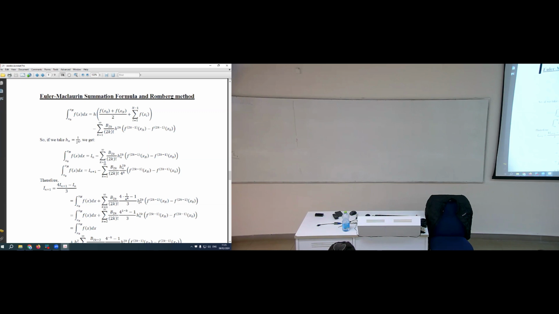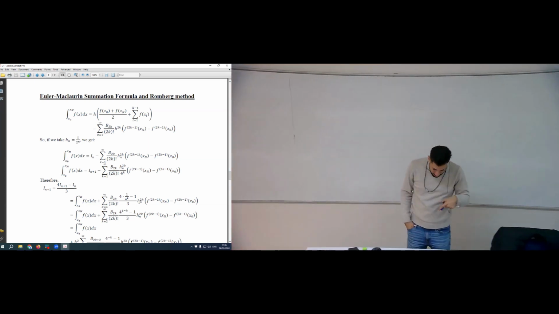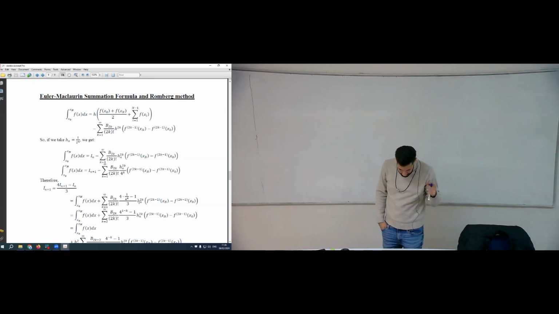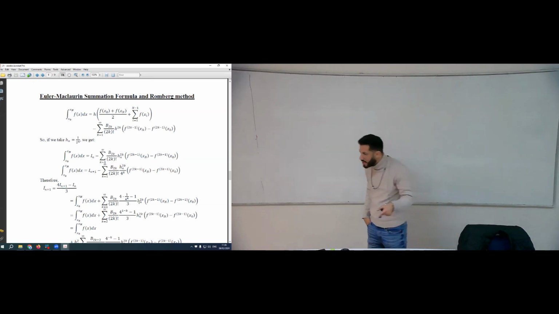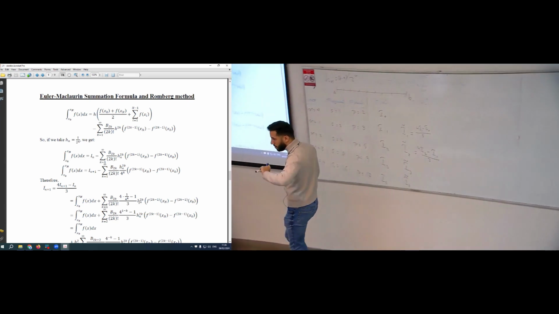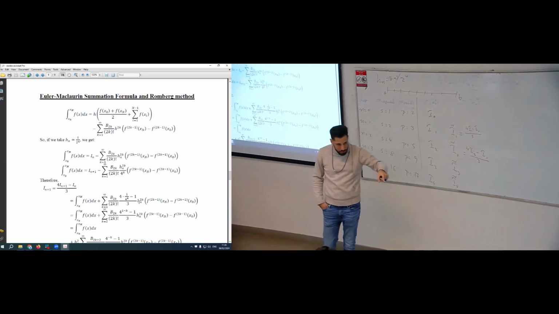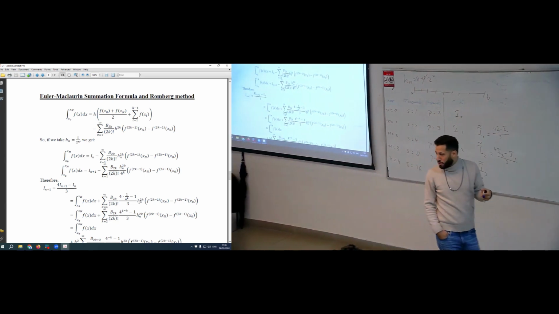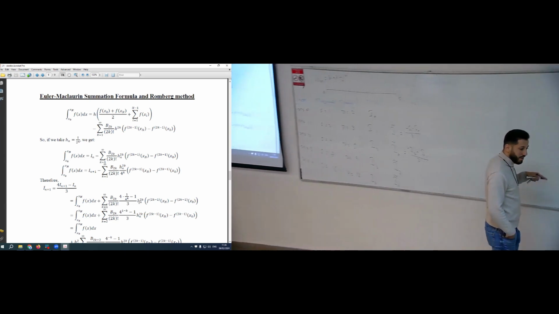Okay, but what is important for me is that it's h squared and h to the 4th and h to the 6th. It is important for you to know that this expansion is an asymptotic expansion. If you don't know what an asymptotic expansion is, you will learn in Methods 2. I will also be there.